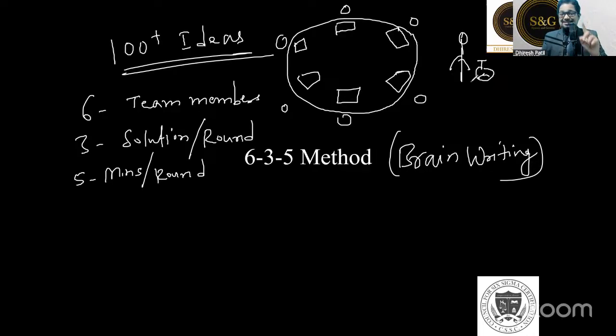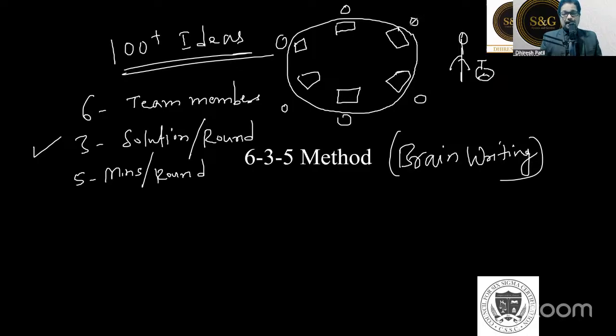In the first round, all 6 people have to generate 3 solutions each. So 6 people generating 3 ideas each, how many total ideas will be generated in one round? Type in the chat box.